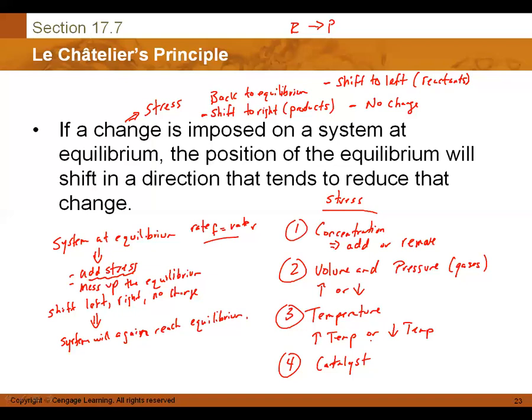A catalyst often provides a more efficient way for things to come together, which lowers the activation energy. They don't have to climb the giant hill; they have a much smaller hill, which allows them to get to the other side faster, and thus the reaction occurs a lot faster. We're going to talk about each of these and the effect each has on systems at equilibrium. I think we're going to start with concentration.